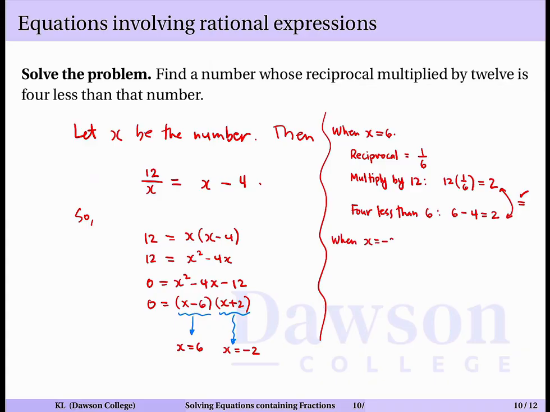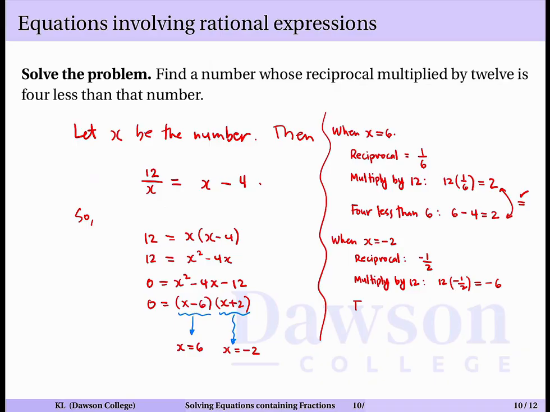Now, when x equals negative 2, the reciprocal is negative 1 over 2, multiplied by 12. This will be 12 times negative 1 over 2, which is equal to negative 6.